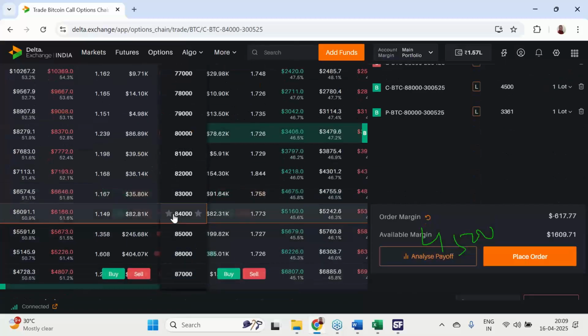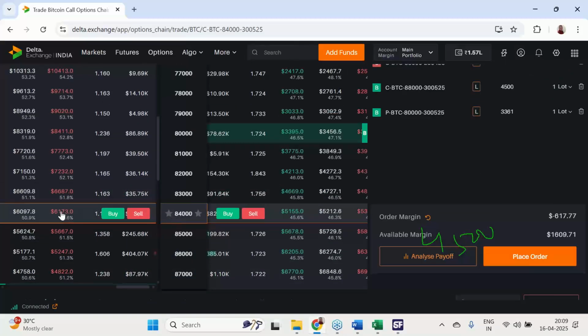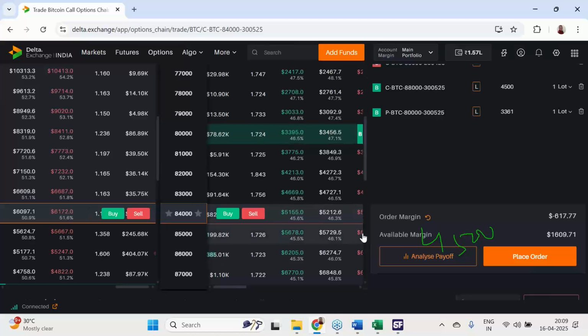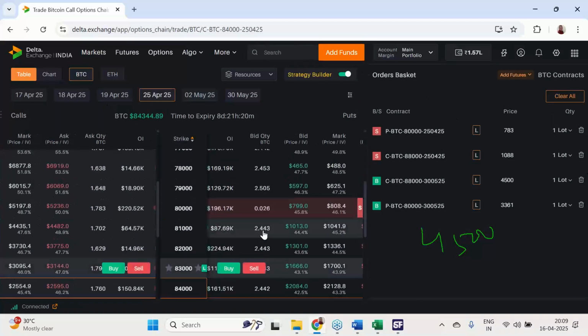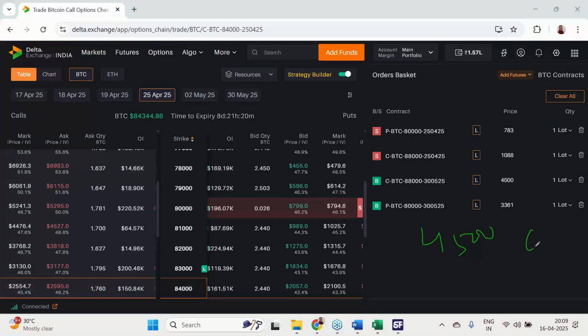So 84,000 call option of 30th May is 6,100. Correct? 25th April, same 84,000 call option is 2,500. So 6,100 minus 2,500. So at the money or just in the money strike is having a calendar spread difference of 3,600 points.